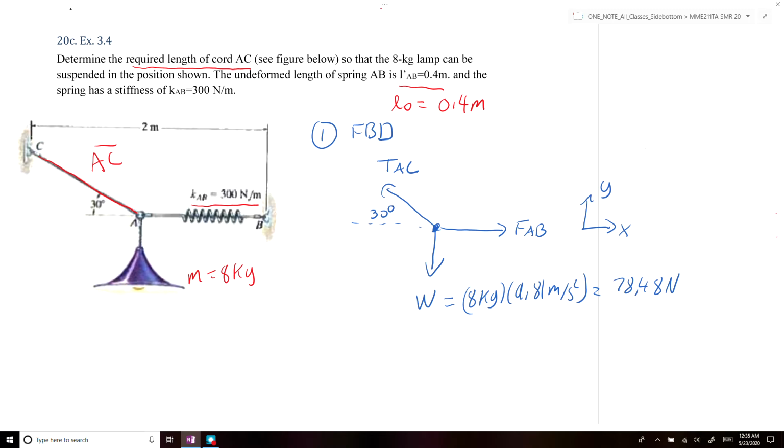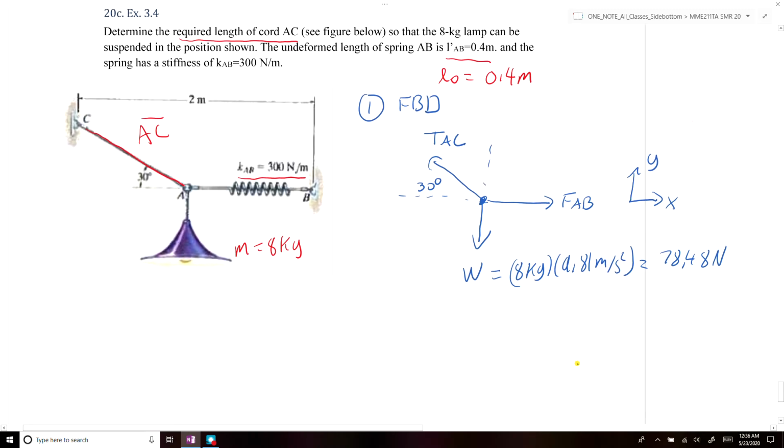So we can solve for those two unknown forces using our equilibrium equation. So we're going to set our resultant force equal to 0. We know that our resultant force is equal to TAC plus FAB plus our weight.